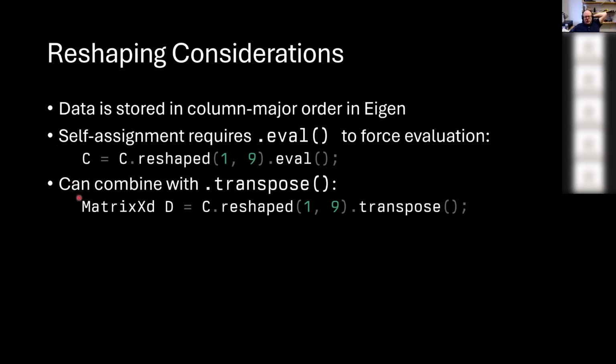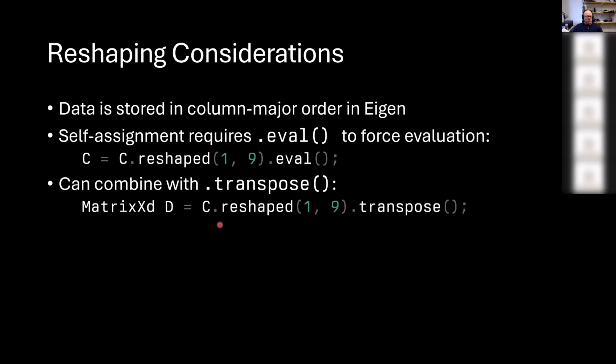Also, if you want to assign a reshaped version of your own matrix to the matrix itself, it's not allowed. But what you can do is call the eval function on the reshaped to force the evaluation, and then it will create a copy, and then a new version of itself. So this is a trick you can use if you really want that kind of assignment.